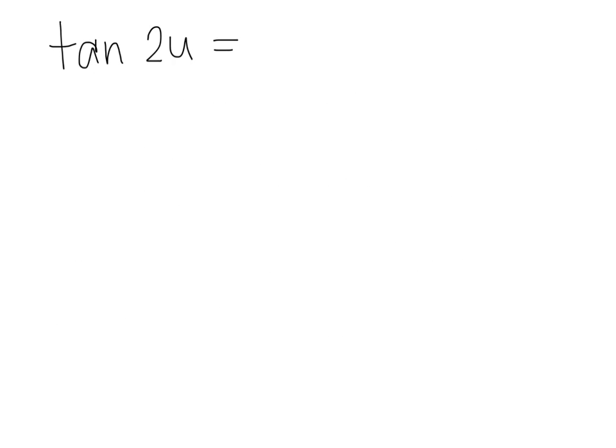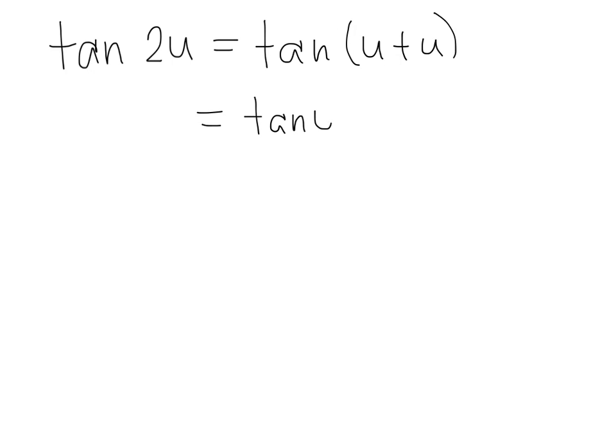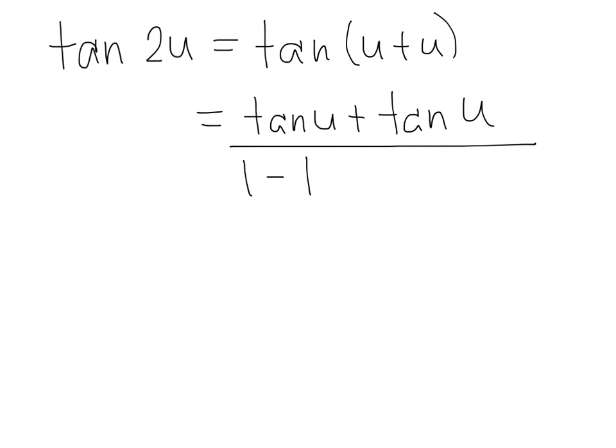The last double angle formula is tangent of 2u, which is equal to the tangent, again, of u plus u. Applying the tangent formula, we get tangent of the first, tangent of u, added to tangent of the second, tangent of u, divided by 1 minus the tangent of the first, tangent u, times the tangent of the second, tangent u.